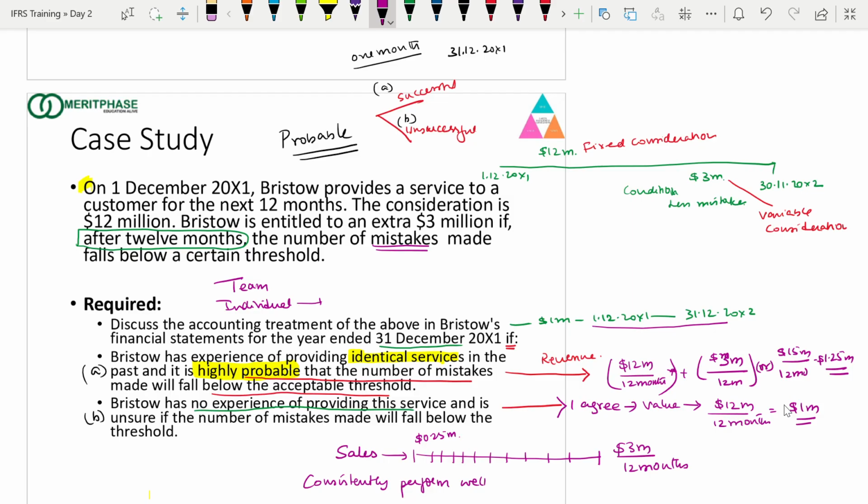They say that if one month sales target is achieved, you will get this much bonus. If 12 months sales target is achieved, you will get this much bonus. They are not only focusing on 1 month, they are also focusing on 12 months.